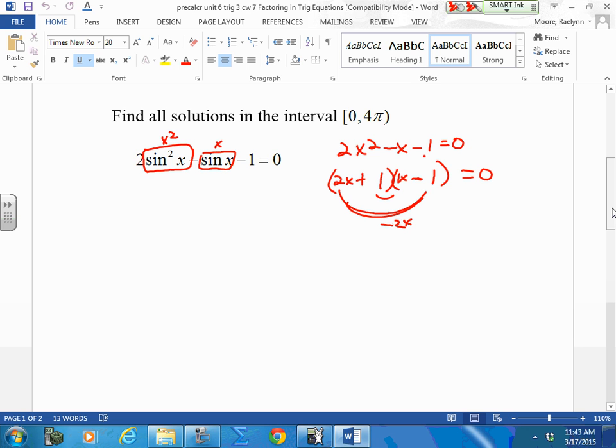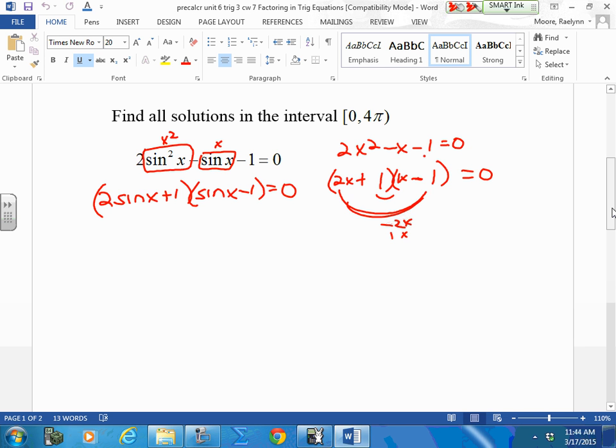This is your positive 1x. Because the a wasn't the 1 this time. So there's my factors. Now, if you want, slide the word sine back in there. 2 sine x plus 1, 1 sine x minus 1. You're going to factor your trig just like a regular trinomial.